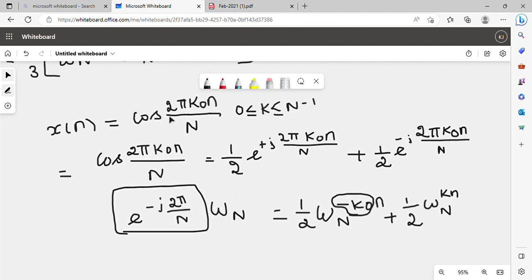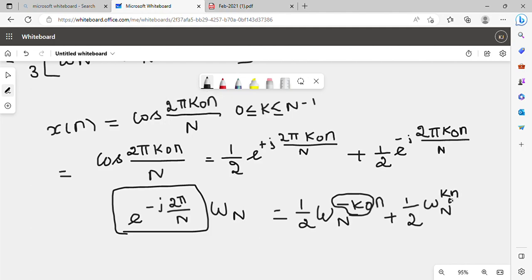We just used Euler's formula for cos 2 pi k naught n by n, wherein we substituted and got this result. Then we got to know that e to the power of minus j 2 pi by n is equal to omega of n, and we substituted that omega of n here, wherein this particular part was e to the power of plus j 2 pi by n. So for that we need to take minus k naught over here, and here it is 1 by 2 omega of n, that is k naught n, right? Yes, that is k naught n. Okay, and we got this now.